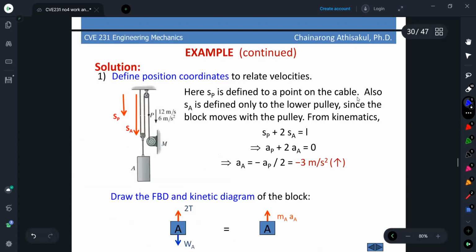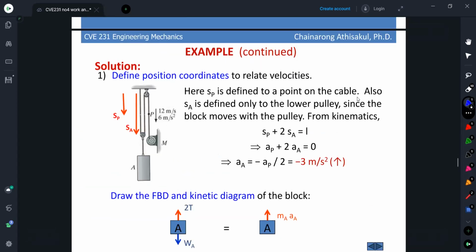According to this problem, we start by setting up the reference line. We know that this point is fixed, so we set this as the reference, and we know the velocity of point P. So we find the relationship of the length of the cable. This length is defined as SP, and we also have from this reference SA, that is this cable.